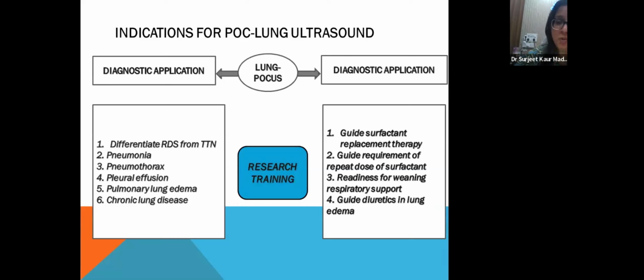It will help us guide, if there is lung edema, whether we need diuretics, and how the baby is responding to our treatment.